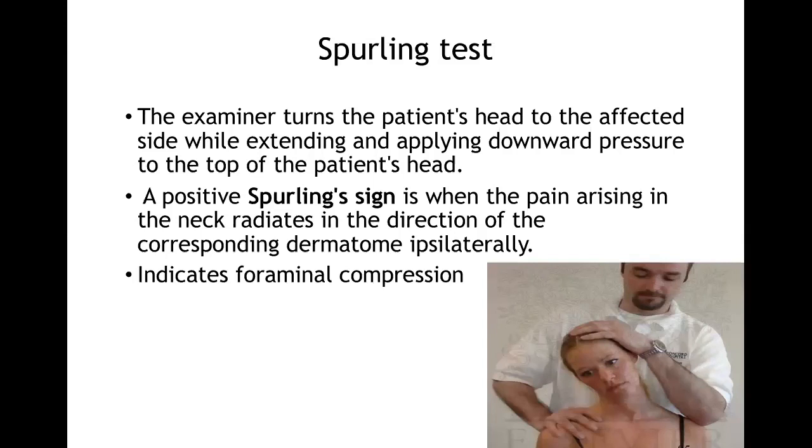A positive Sperling sign is going to be when that pain is coming from the neck and it's radiating in the direction of the corresponding dermatome on the same side. So this indicates there's foraminal compression because the patient is having that neck pain that's radiating down the arm.